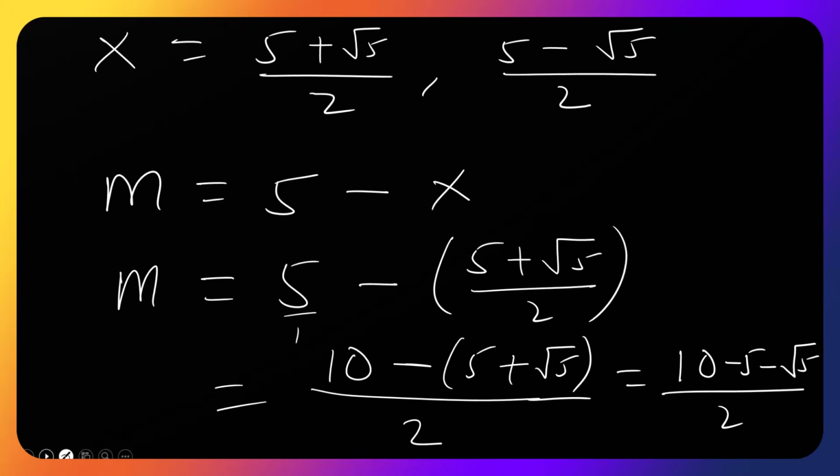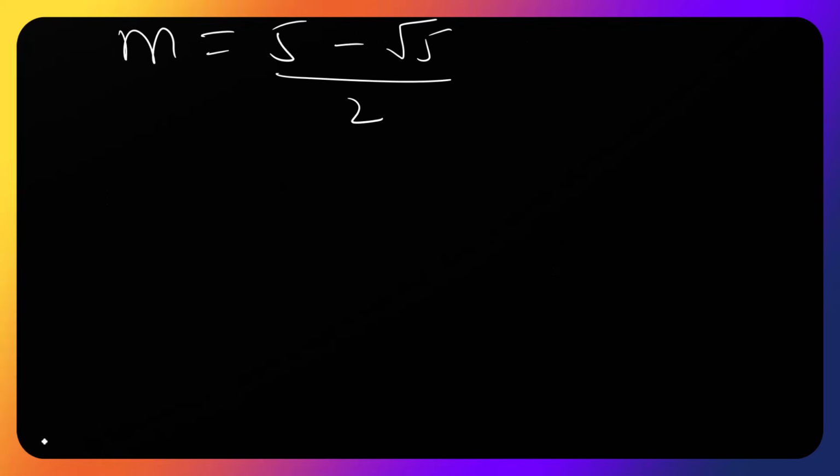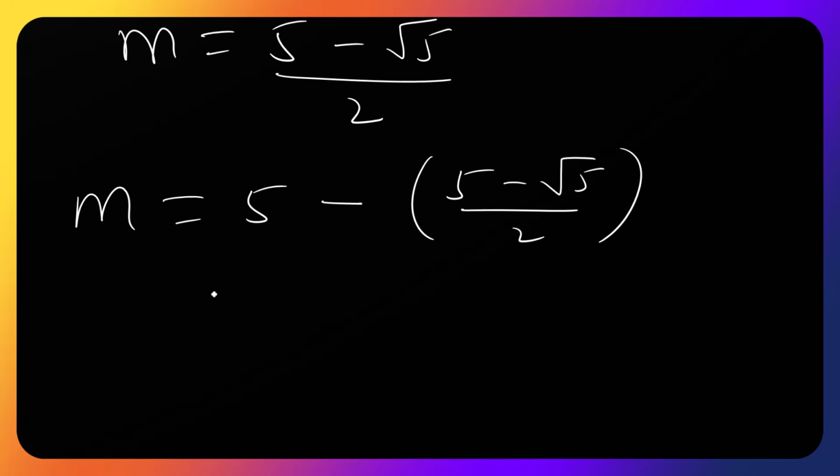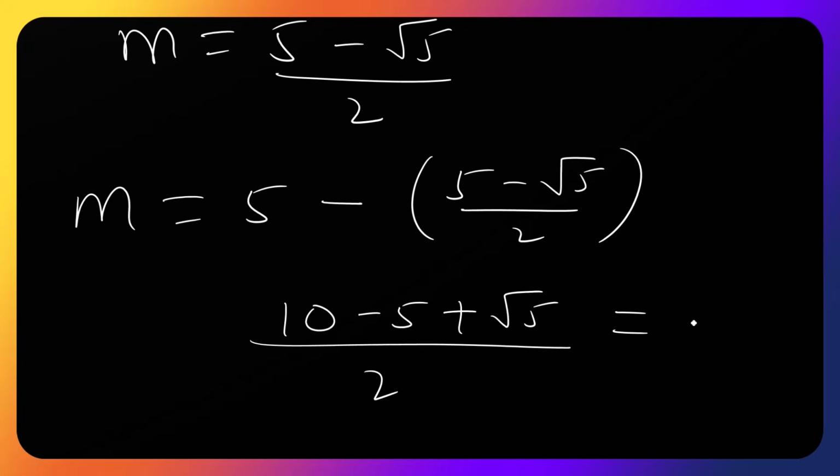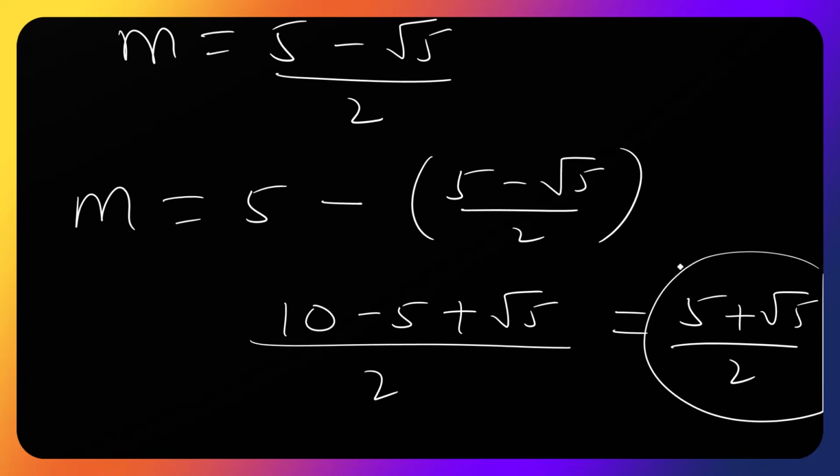Now let's go to when x is 5 minus root 5 on 2. So 5 minus x, this time 5 minus 5 on 2 plus... same thing, this side is 2, this side is 10. So that will be 5 plus root 5 on 2. So I think the answers are symmetrical.